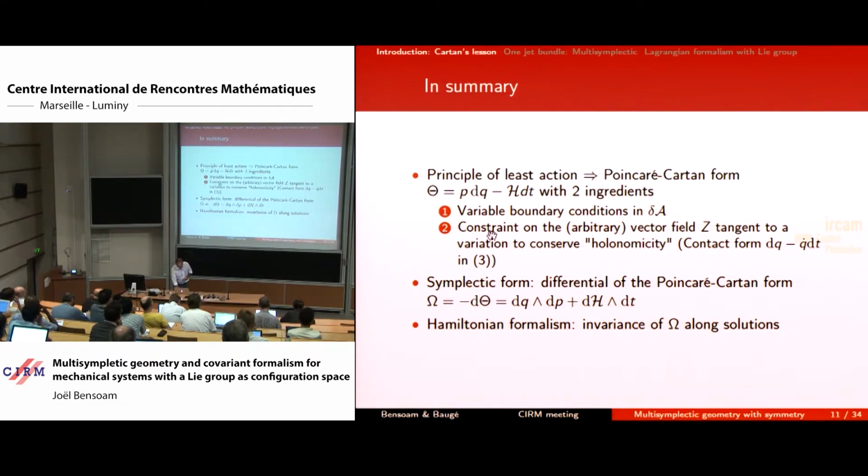Then we will have to take care of the holonomicity of the things, trying to use the contact forms. And doing that, we will have symplectic forms, and the Hamiltonian formalism will arrive naturally.